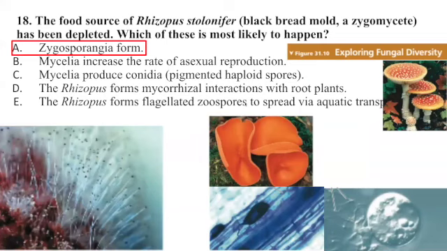All right, the food source of Rhizopus, it's like bread mold, right? So if your bread on your counter gets moldy, that's what it is. The food source of Rhizopus has been depleted. Which of these is most likely to happen? This is familiar because we had another question.